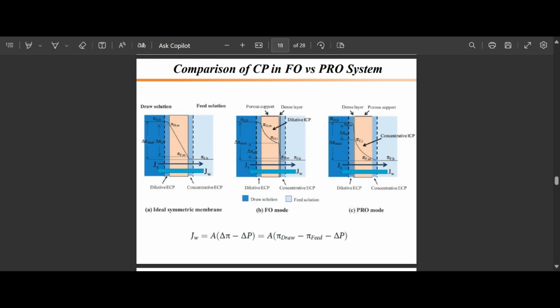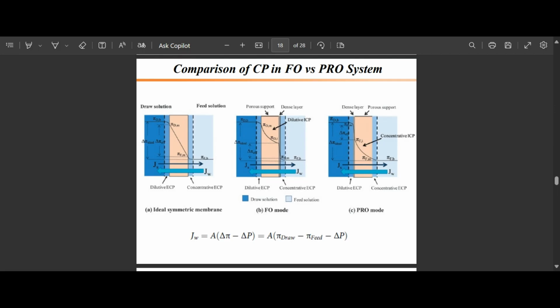When you decide this, we calculate the osmotic gradient, but we have to maintain it. Why? This is the driving force. It should always be maintained at this level. Otherwise it decreases and the JW value is lower.